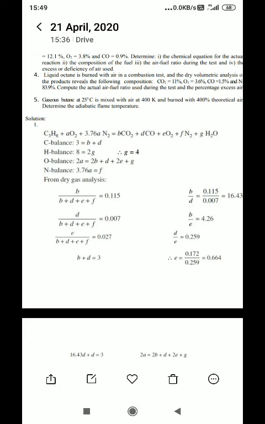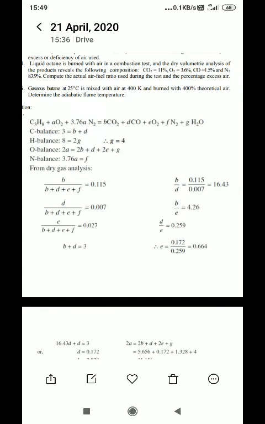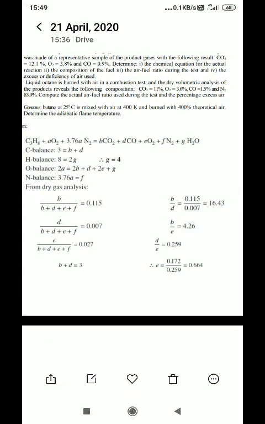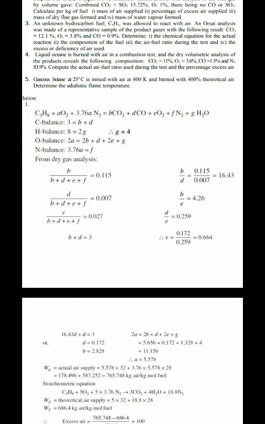And if we follow the DFG analysis, that is dry flue gas analysis, in that you have to neglect the H2O, because dry flue gas analysis considers only the dry products. So CO2 in question number 1 is 11.5%. CO2 is indicated by coefficient B, so you can write B divided by B plus D plus E plus F. Here we are not going to consider G, because it is dry flue gas analysis, so no liquid is considered in DFG analysis.